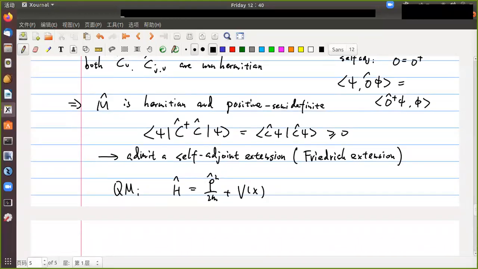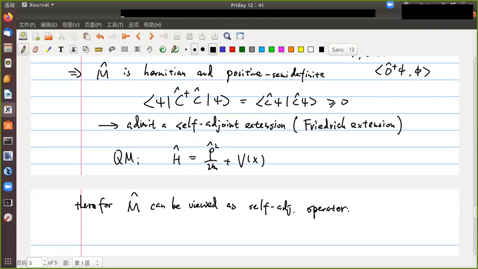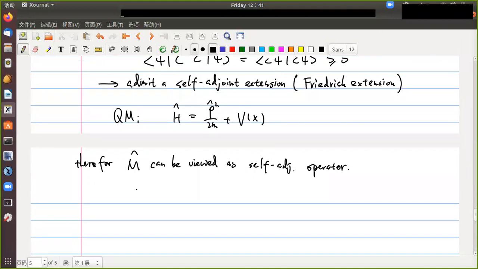So the conclusion is that we can always view this master constraint operator as a self-adjoint operator. Being self-adjoint, in principle this master constraint can be diagonalized.